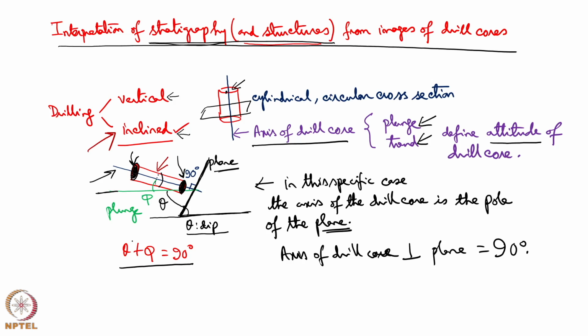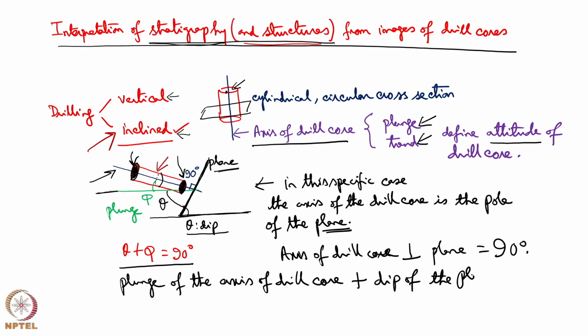In terms of language, theta plus phi is equal to 90 degrees means the plunge of the axis of the drill core plus the dip of the plane is 90 degrees. Obviously, there is only one specific value of theta and phi for which they are equal. For theta equal to phi equal to 45 degrees, theta and phi are equal. There is only one case when they are 45 degrees.